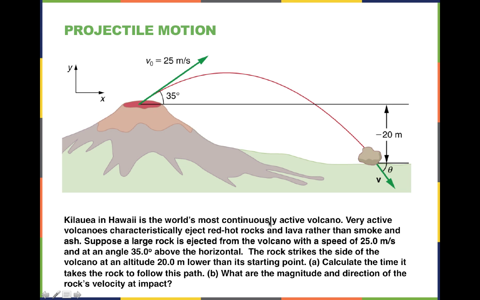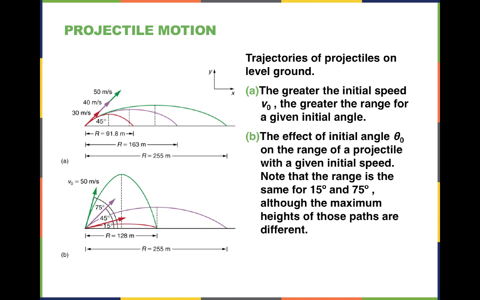And that's shown here. When you look at different trajectories, there are different ways to show the effect of various manipulations on the distance that's reached. In other words, if you're trying to decide on the range, there are two ways to affect the range.